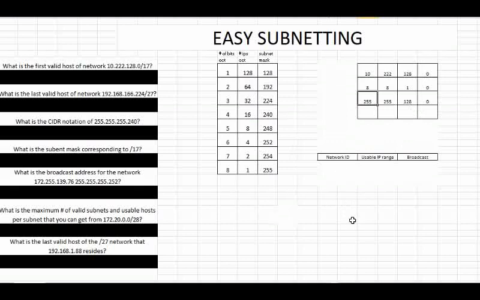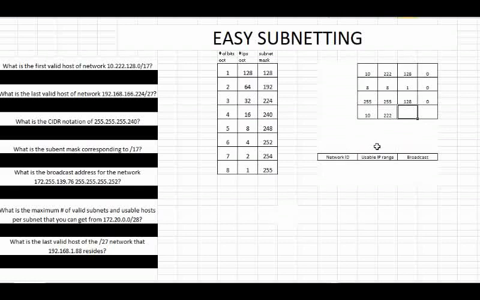Okay. So we want to look at a /17. When we're looking at this network, whenever you're writing these things out, it's always best to remember that if you have a 255, or 8 bits, however you want to look at it, you just drop the number of that network down. So 10, we got a 255 here, so we're going to drop 222. So 222, right?